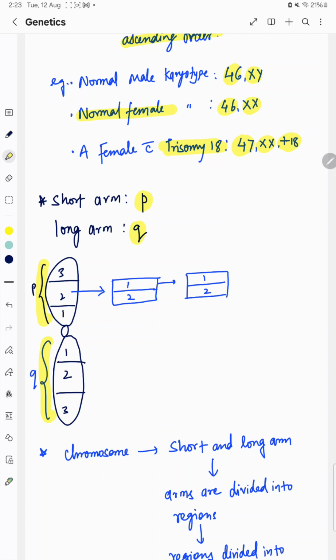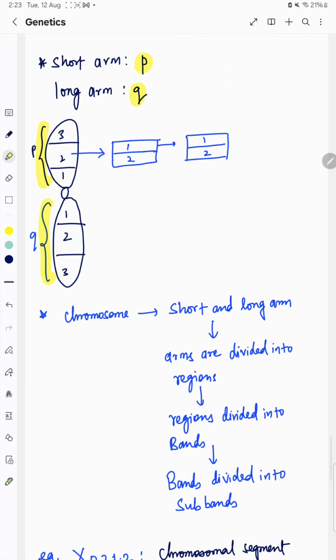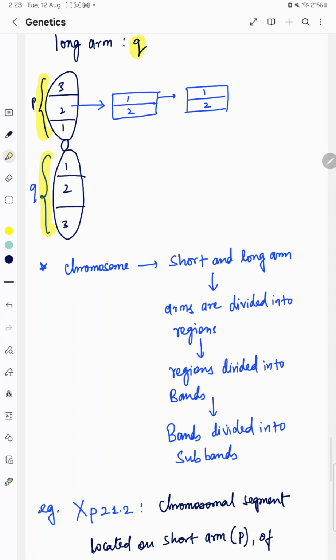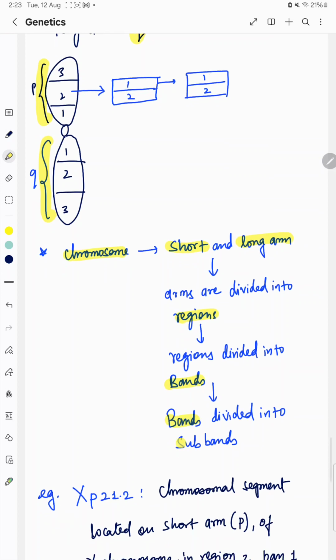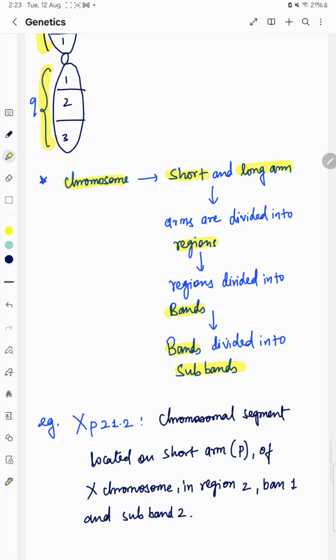There can be more than 3 regions. In every region there are bands, and in every band there are certain sub-bands. So a chromosome has short and long arms, particularly in acrocentric and submetacentric chromosomes. Arms are divided into regions, regions are divided into bands, and bands are divided into sub-bands.